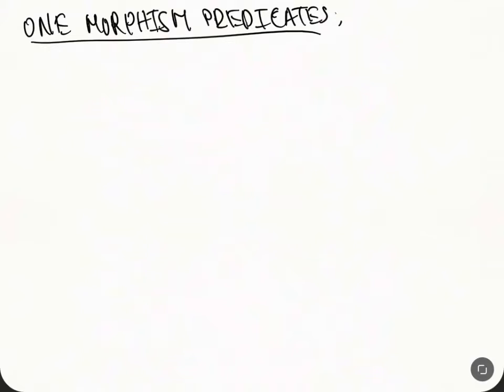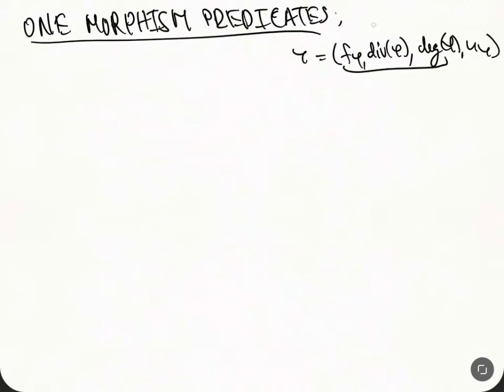So again, we're going to have phi. It's going to look like f phi, div phi, deg phi, u phi. Okay, so this is going to be a morphism, and then there's various conditions we can impose, and a lot of the time we'll impose them on the elementary part here.